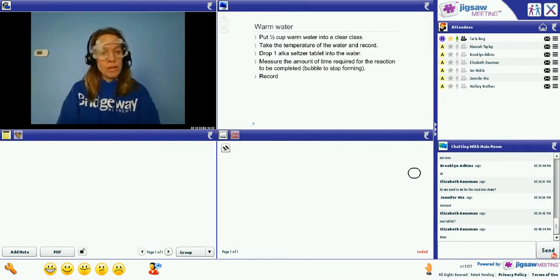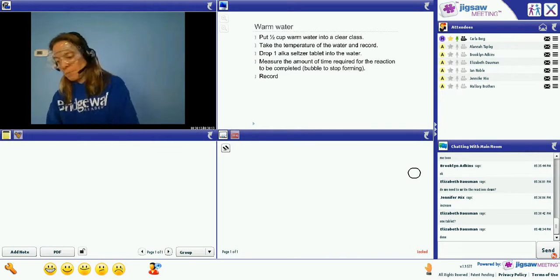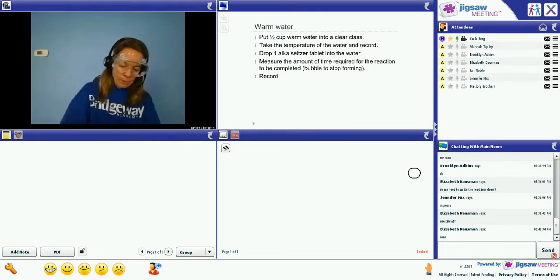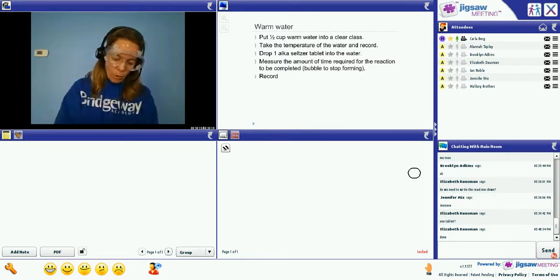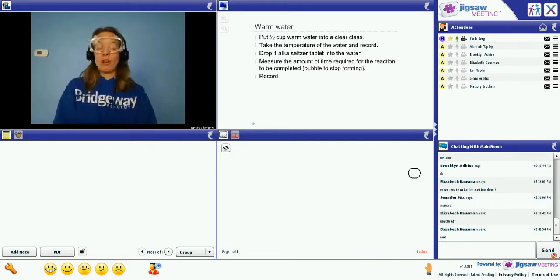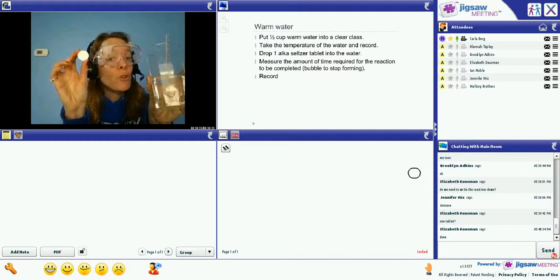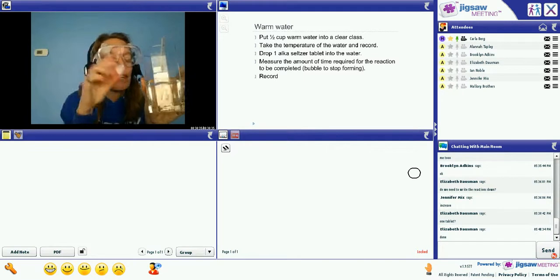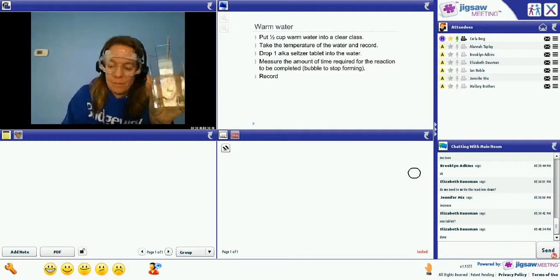You are going to follow the same procedure. You are going to take the temperature and record it. Mine is at 24 degrees. Remember, if you're using a Fahrenheit thermometer, your temperatures are going to seem way higher than mine. You then are going to take a new Alka-Seltzer pill, drop it in, and record your time.